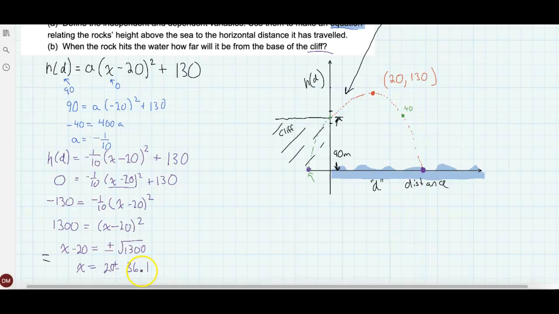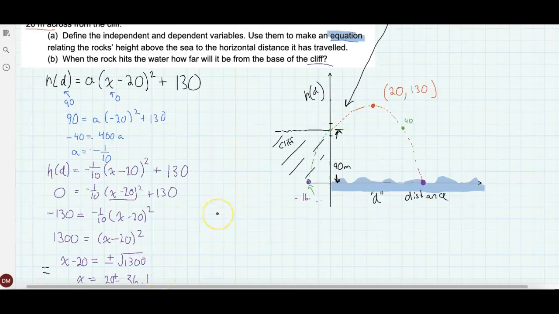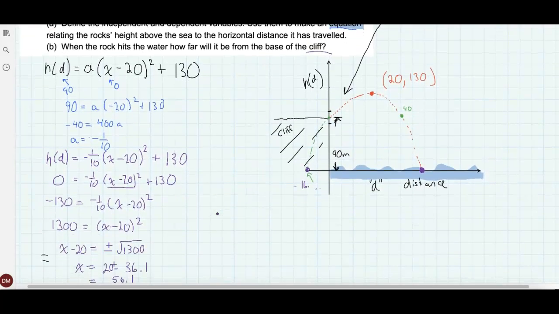Obviously, if I subtract, I get a negative, about negative 16.9, so we're going to rule that out. So we're only left with x equal to 56.1. What was that measurement in? Meters.